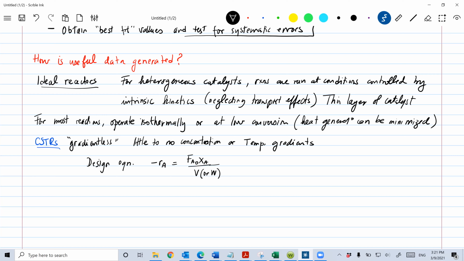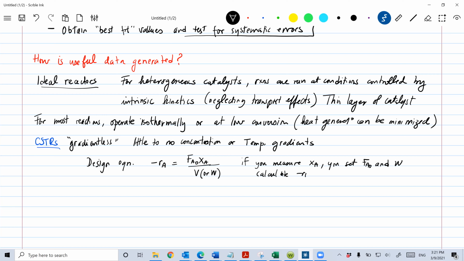What this means is that if you measure XA, remember that XA is at the exit of the reactor, and you set FA naught and W, which are things you know, then you can calculate minus rA prime. So you can calculate minus rA.